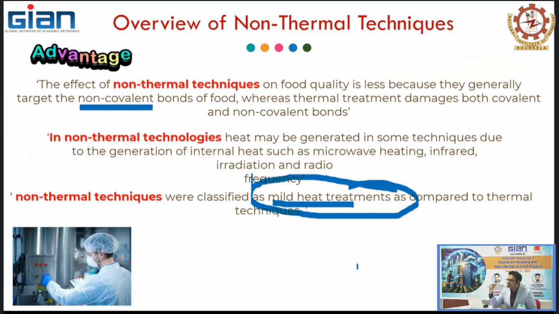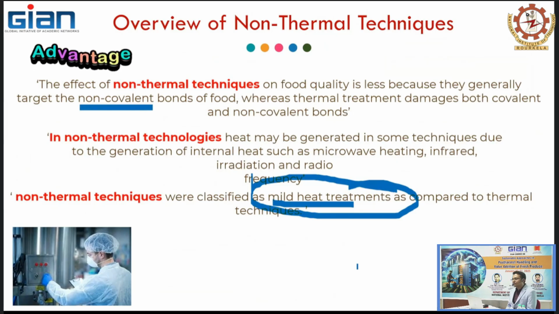For example, if you are processing at 0 and every 100 megapascal your temperature increases by 3 degrees Celsius, not more than 3 degrees, then even if you go to 600, your temperature is less than 20 degrees Celsius. So it is a mild heat treatment.